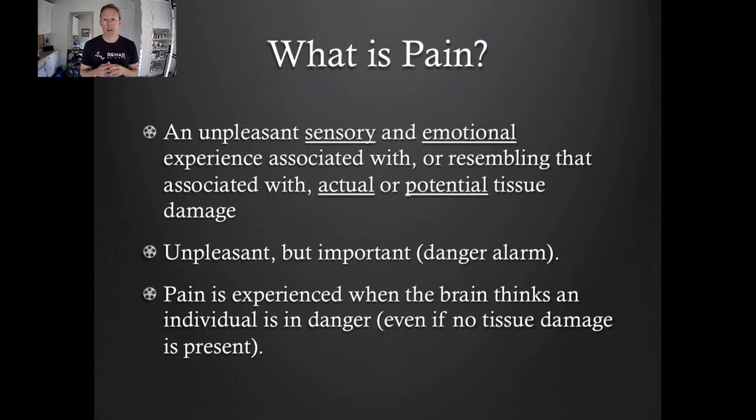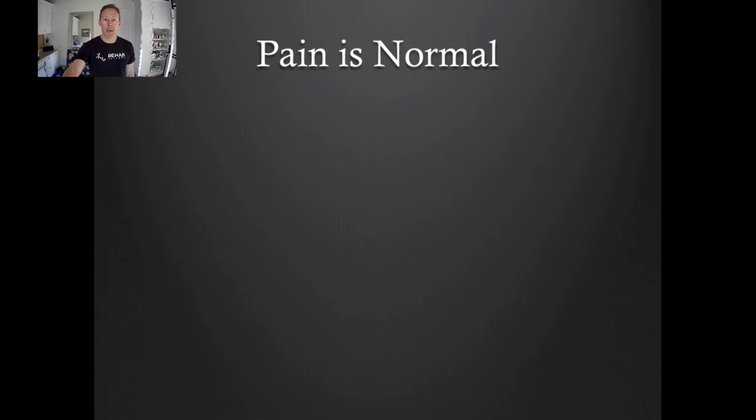We don't have to actually have an injury or tissue damage to have pain. It's just situations where the brain thinks there could be a danger and will produce that pain. And I'll show some studies later where they actually manipulated this and were able to create different types of pain experiences in people even when there was no tissue damage, but they made them believe there'd be tissue damage. So just some definitions there about pain.